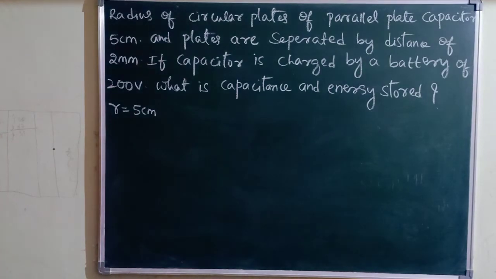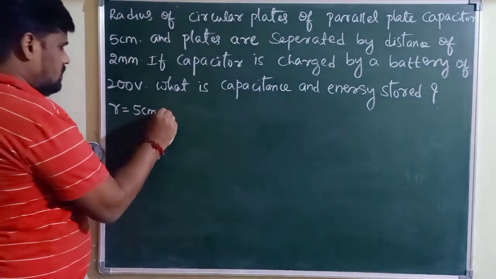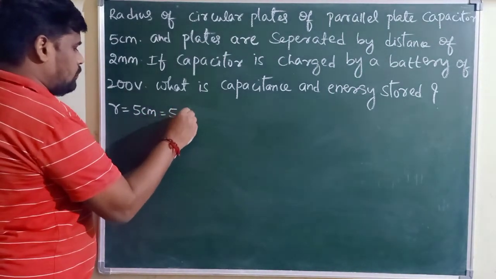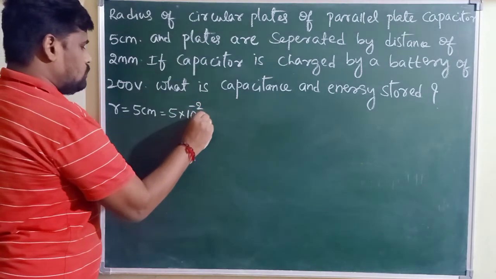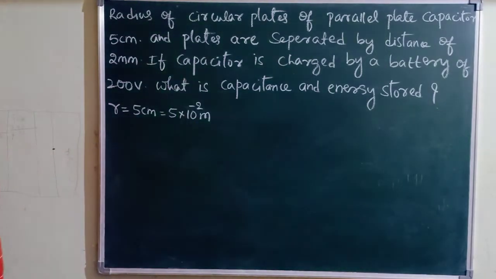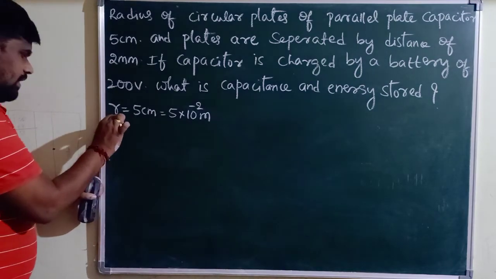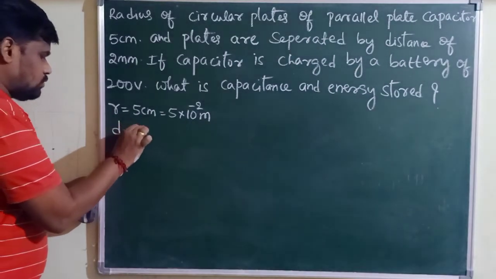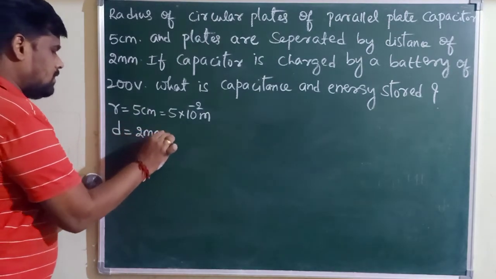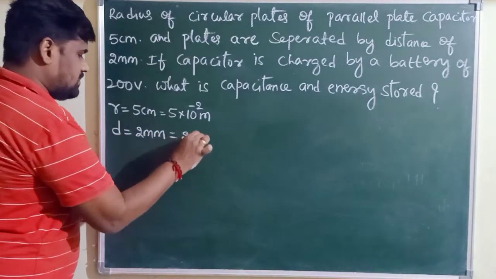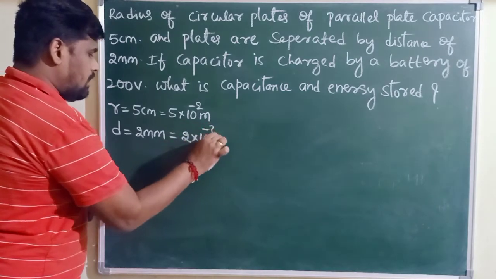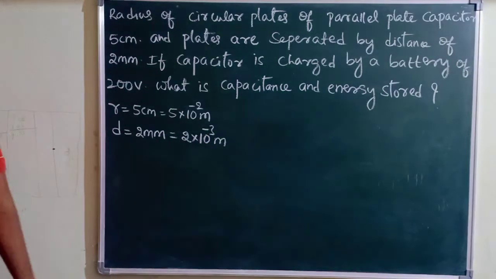If radius is 5 centimeter, it can be written as 5 into 10 power minus 2 meter. Then the distance between the plates is given, d equals 2 millimeter, which is 2 into 10 power minus 3 meter.